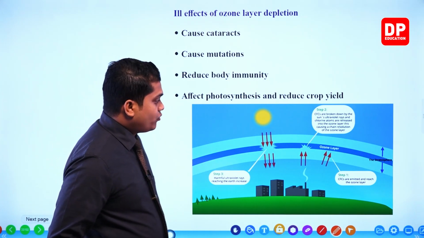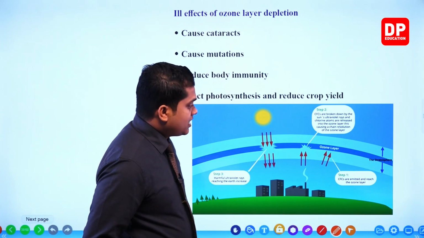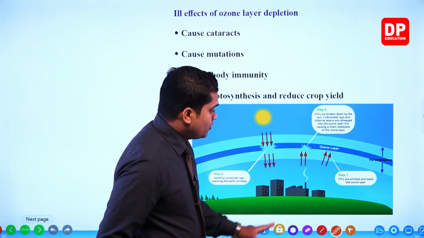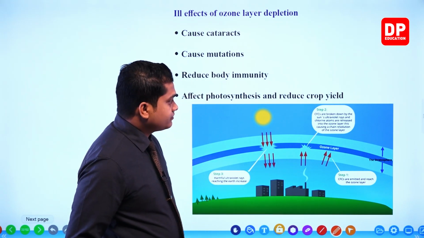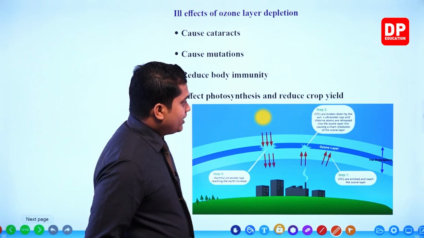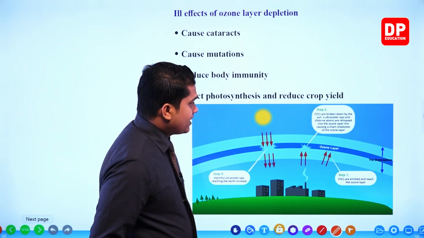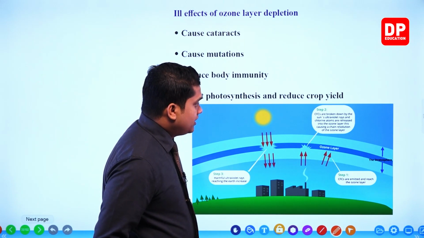As you can see, step 1, CFC-like gases are emitted and reach towards the ozone layer. Then CFCs are broken down by the sun's ultraviolet rays, and chlorine atoms are released into the ozone layer, causing chain reaction destruction of the ozone layer, right?